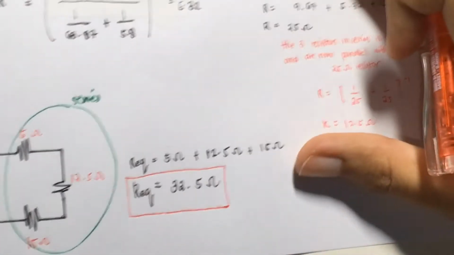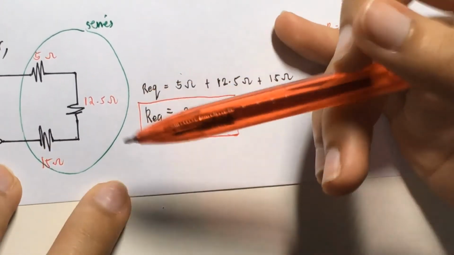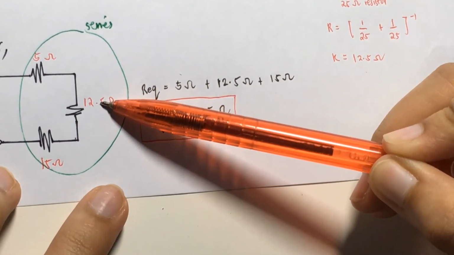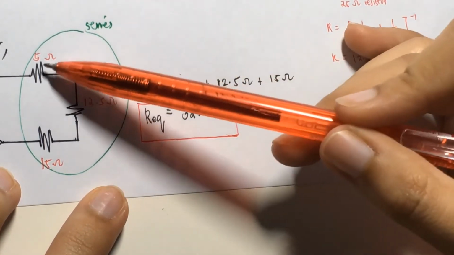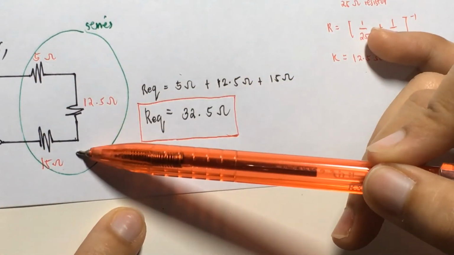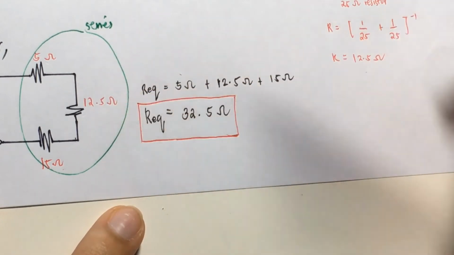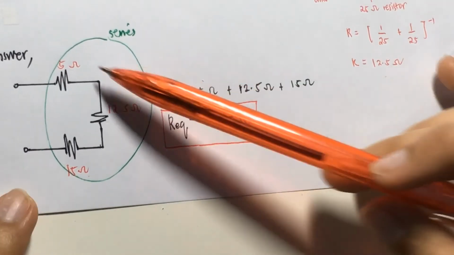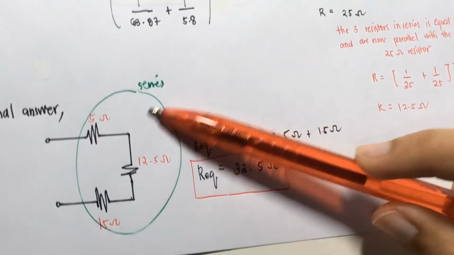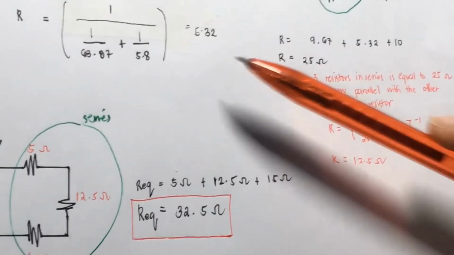So as we redraw it again for getting the final answer, this is the 12.5 that we get, and the given 5 ohms and 15 ohms. We can see that it is in a series connection, so we can simply add up to get the equivalent resistance.